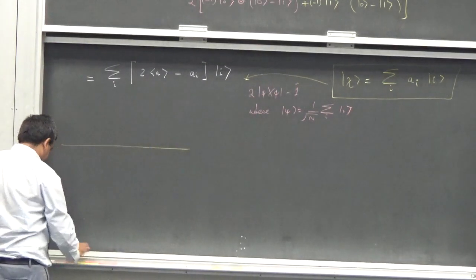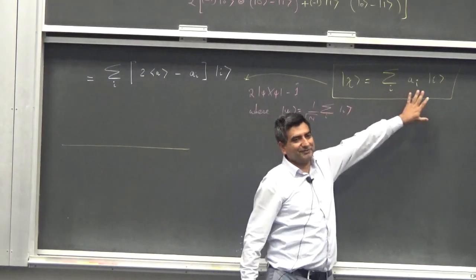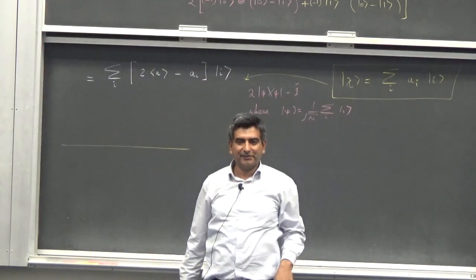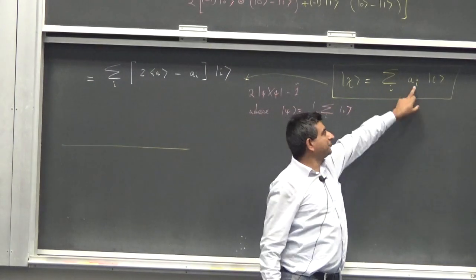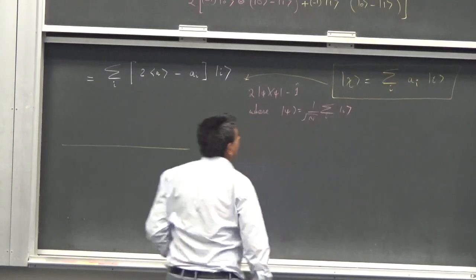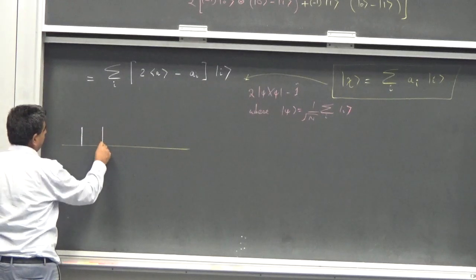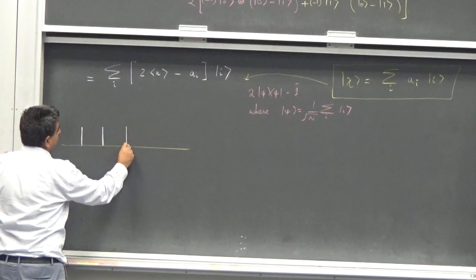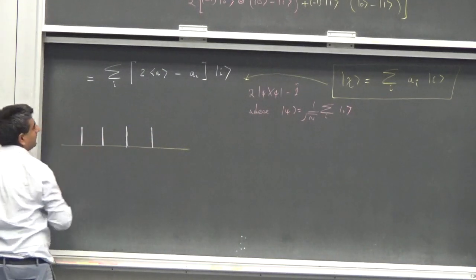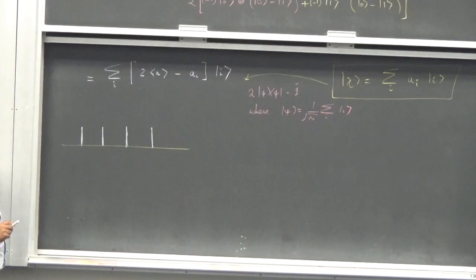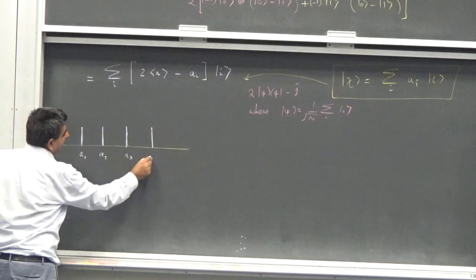Let's look at this graphically. Suppose my input state were an equal superposition of all the states. So all of these were 1/2. So I'm looking at 2 qubits. Each one of these is 1/2. So I start off with A1, A2, A3, A4.